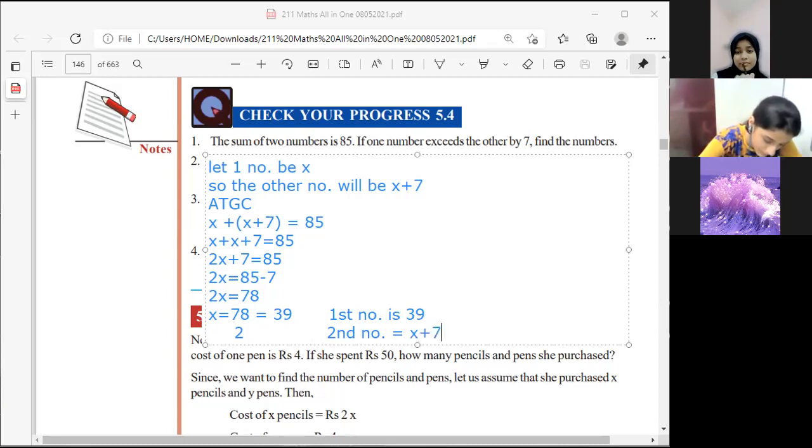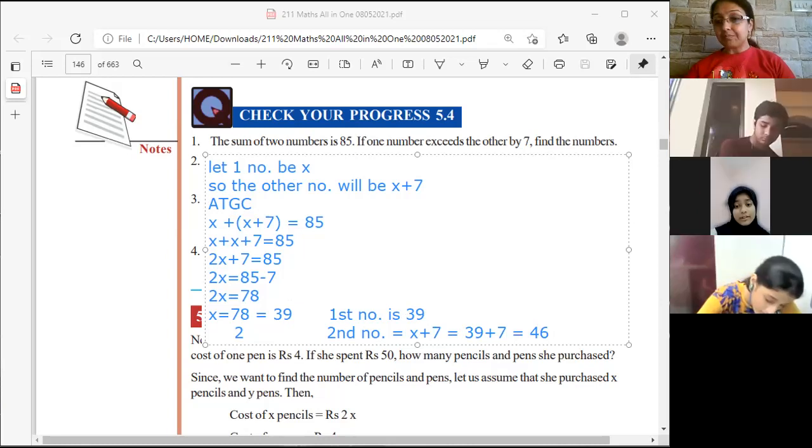Am I right? So I will write 39 plus 7. What is 39 plus 7? 46. So which are the two numbers that I get? I get one as 39 and the other as 46. This is how I'm going to solve my equation.